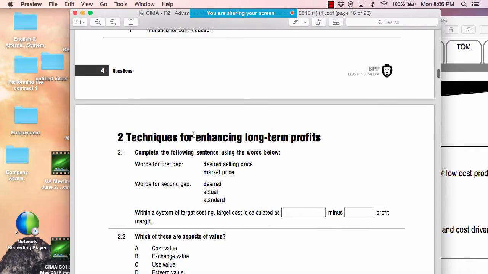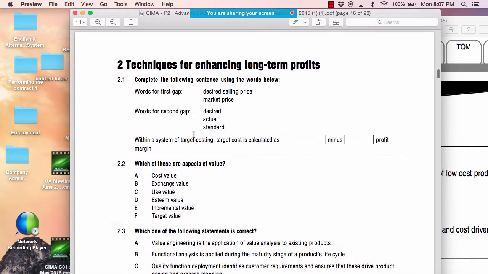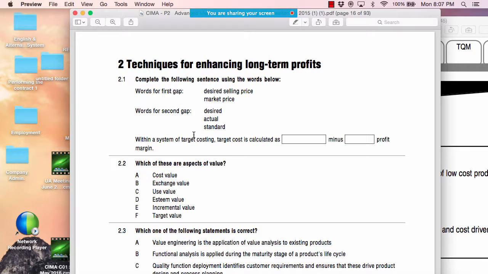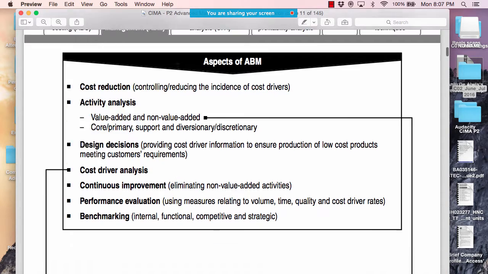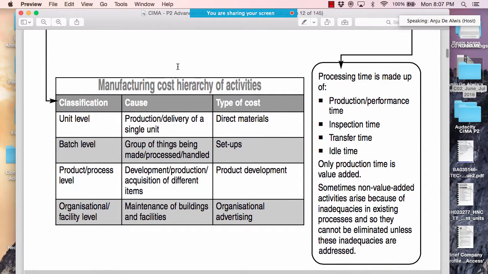And in the next class we will go through questions for you. But what I want you to do now, in this area, is to see if there is anything you're not sure about. Manufacturing cost hierarchy. The reason we are doing certain questions is that initially you don't know where to focus.